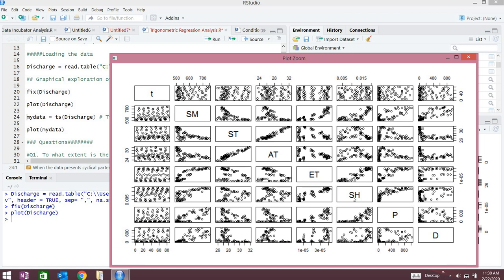Seems something with specific humidity. You can draw a line here and see, like there is increase of discharge with increased specific humidity, kind of.